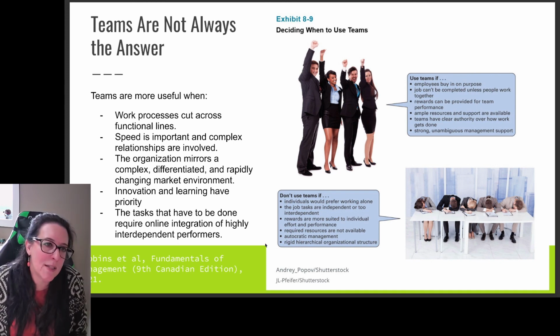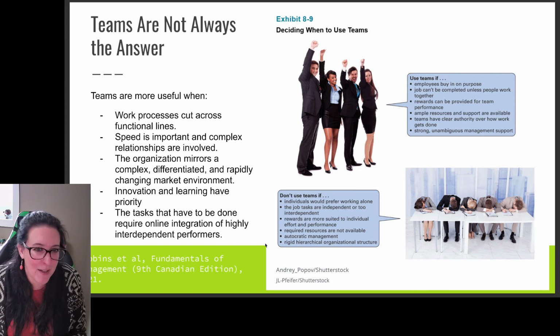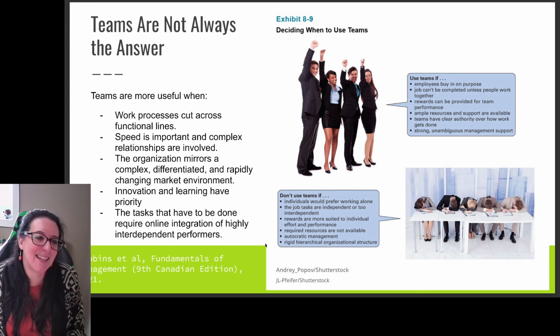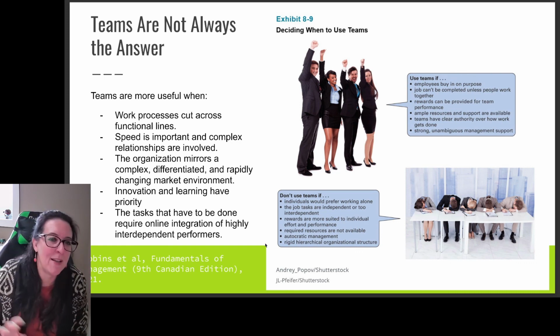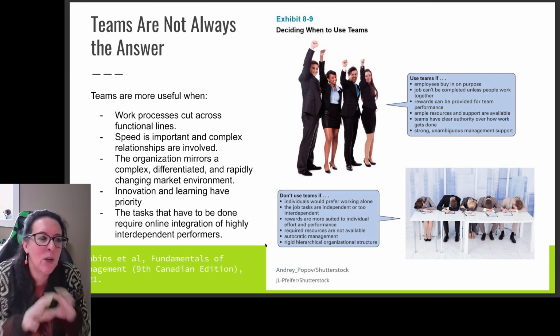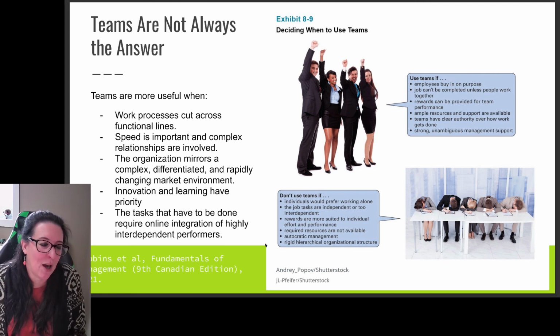So recognizing that we don't always need team-based work, we need to recognize how our individuals prefer to work. We need to recognize the tasks themselves. What do they require? More team-based, more individual-based. What does the organizational structure require?